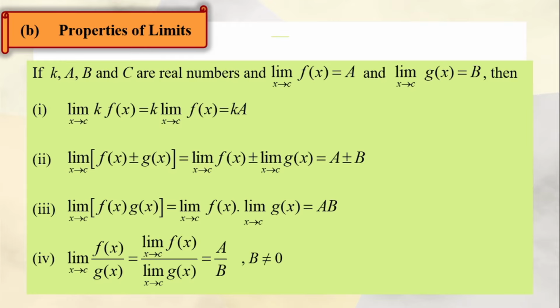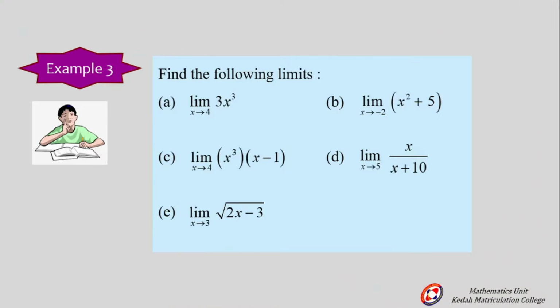So now we will apply these properties in example number 3. We need to find the following limits. You are given 5 limits here, so we try to apply the properties one by one.